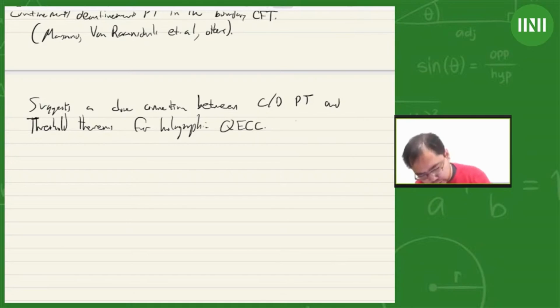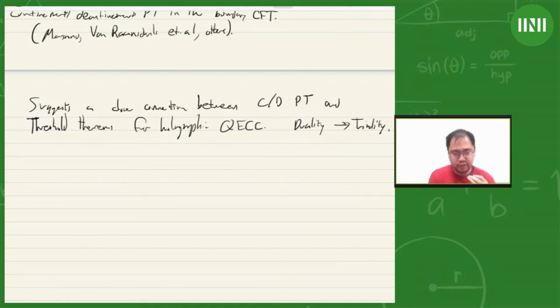So, in other words, your duality is secretly a triality. Or that these two things that you're talking about on the boundary are secretly just the same thing, looking at the CFT in two different lenses.